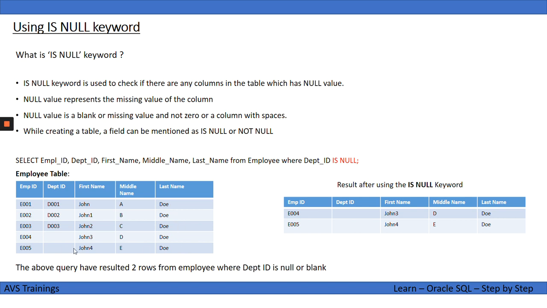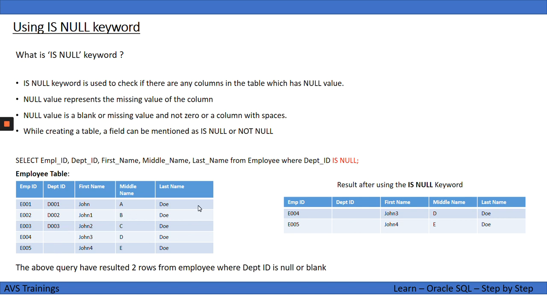There are a total of 5 rows in this table, and at the bottom there are 2 rows where a particular column is blank or has no value. So if we run a query on this table using IS NULL, we should get only these 2 rows, because that one column does not have any value.